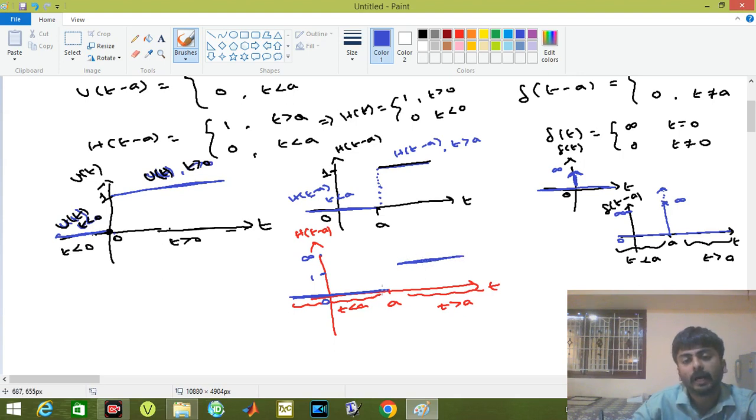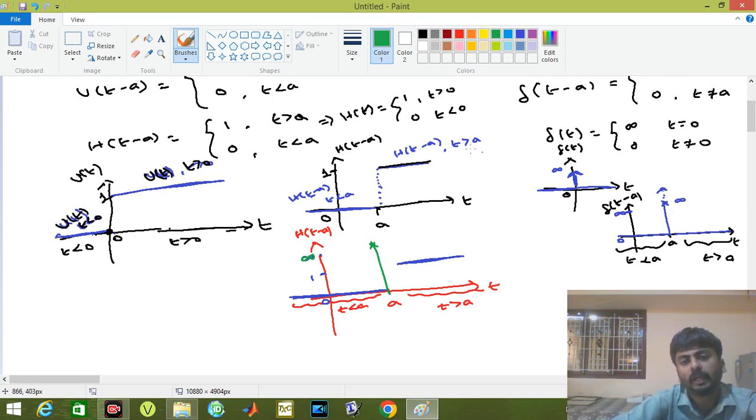At a you can find the Dirac delta function. Here it is infinity at a.